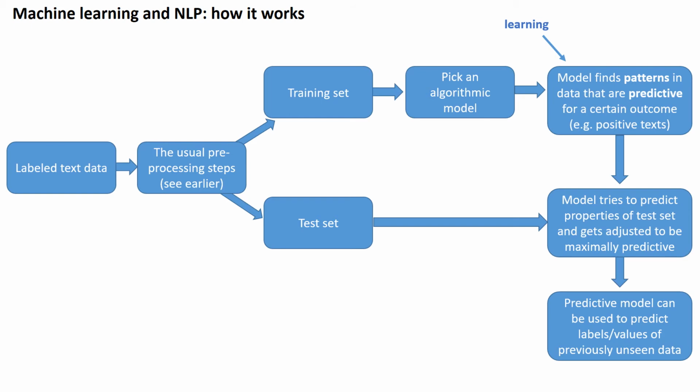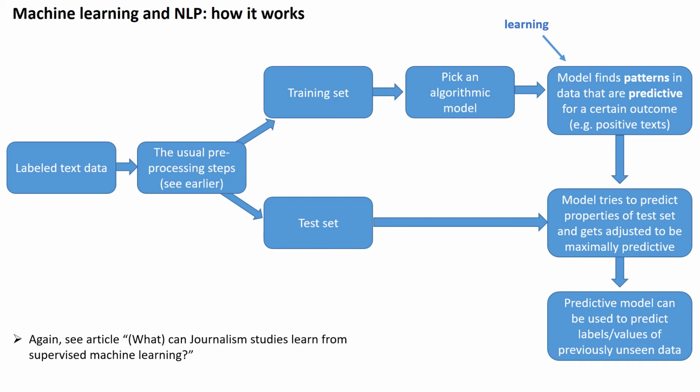And we could, even without knowing whether a text is positive or negative, or a movie review is positive or negative, use it to predict this text property. Again, see the article on Ufora, What Can Journalism Studies Learn from Supervised Machine Learning? In this article, we explain this flow in somewhat more detail.